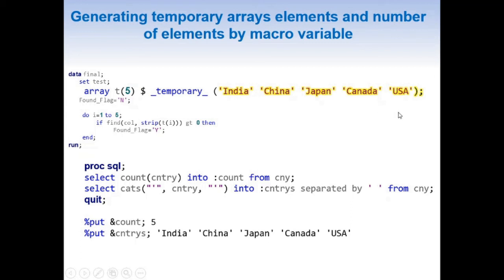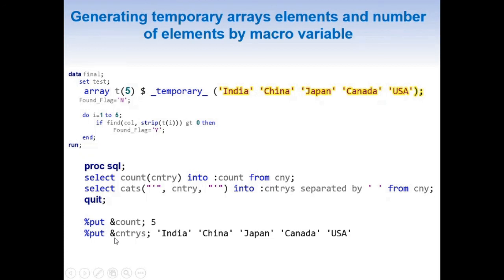Finally, we also want to generate temporary array elements from a macro variable. This we can do simply by doing select and taking the CNTRY column and concatenating it with single quotes, and this we can do by using double quotes and wrapping up the single quotes in between these double quotes and using the CATS function to concatenate the whole of this thing and doing into :CNTRYS separated by space from CNY, and this creates a macro variable, and we can check the value in here.